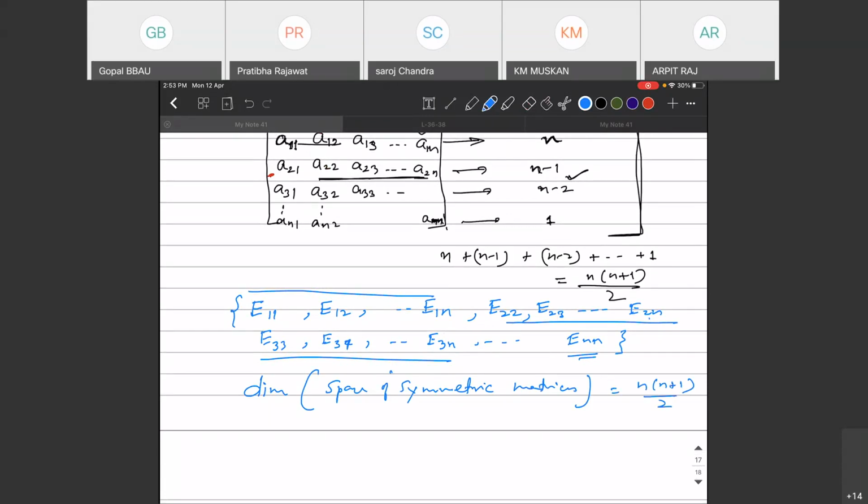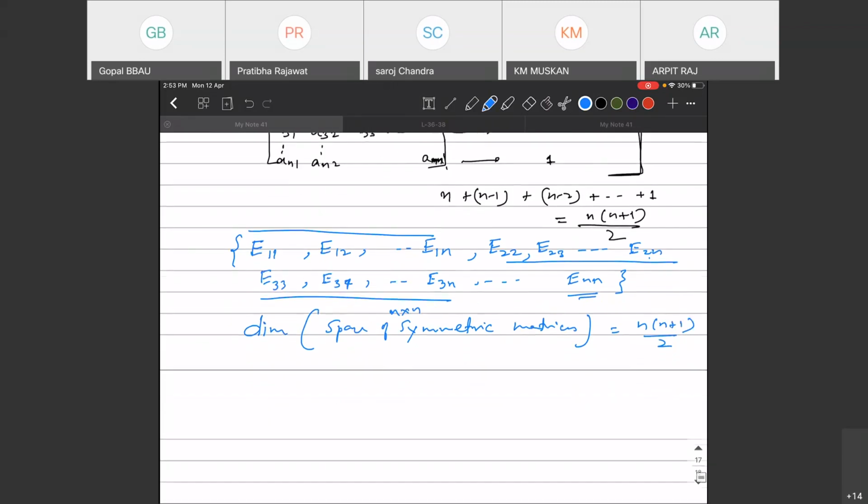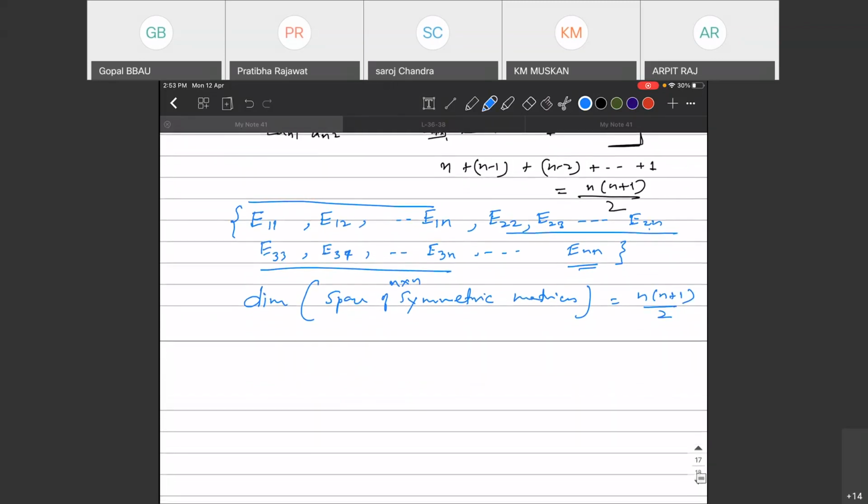Similarly, you may ask about the dimension of n cross n skew symmetric matrices.